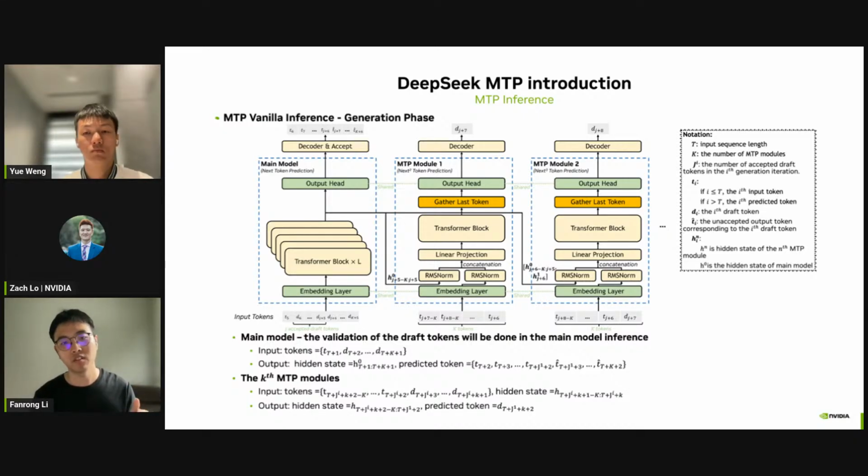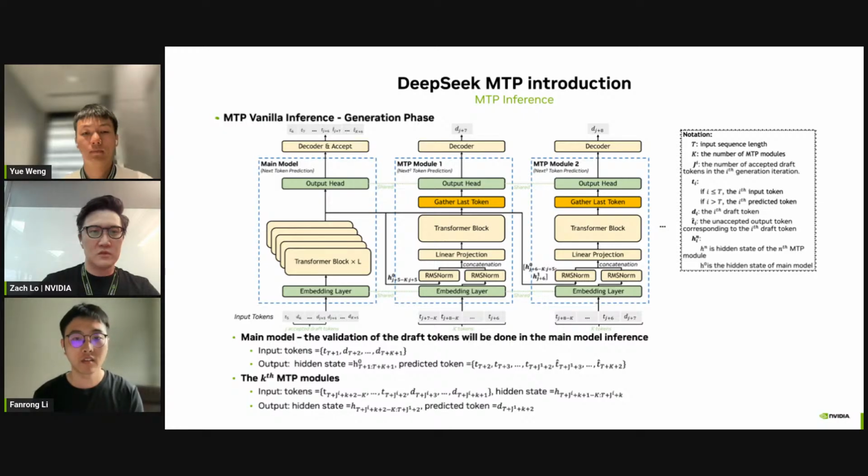After the shift, we input those tokens and hidden states to the next MTP module to predict the next draft token. Okay, this is the generation phase. In this way we can predict draft tokens and do the verification. So any questions about MTP vanilla?